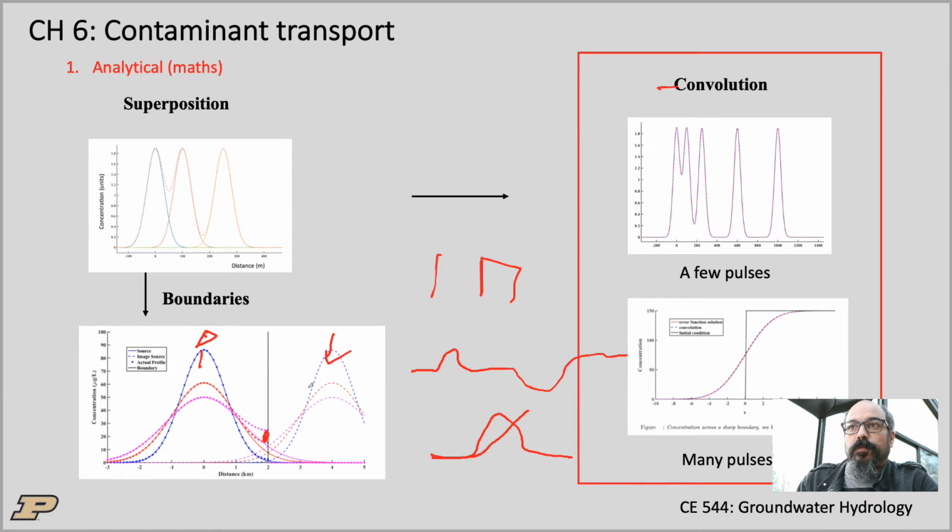But anyway, if you know the pulse solution, this would be the Gaussian solution. You convolve this pulse solution with your initial condition, which can be an arbitrary function, and then you get the solution for that. So just by using convolution, you can get some pretty complicated initial conditions or even boundaries included analytically. And here you can see the blue line is just a superposition of individual pulses.